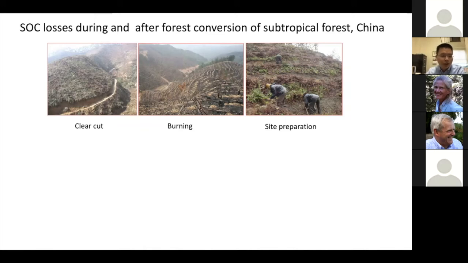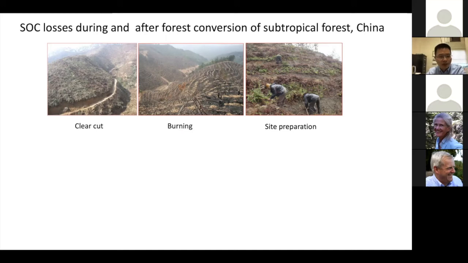First, we harvest the natural forest, remove all the trunk, and leave all the harvest residue on the surface soil, and dry it on the ground under the sun for several months. Then we start burning this harvest residue before seedling. And also we have a lot of intense disturbance on the soil, like digging holes for the seedlings and also weeding.